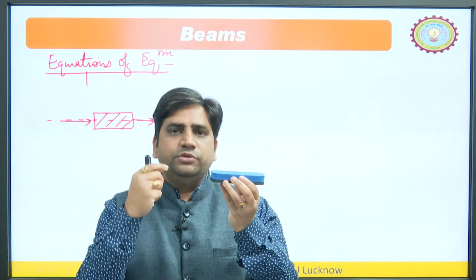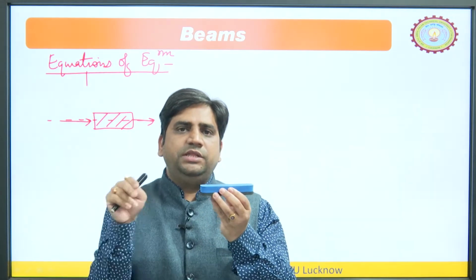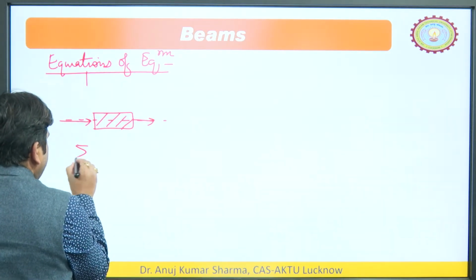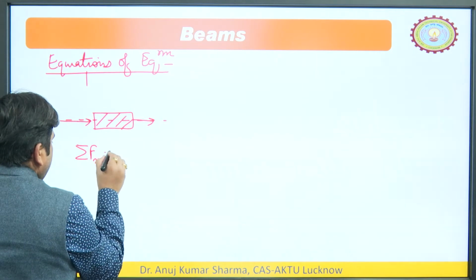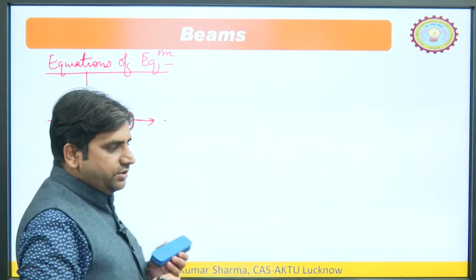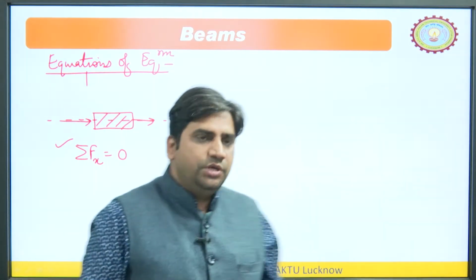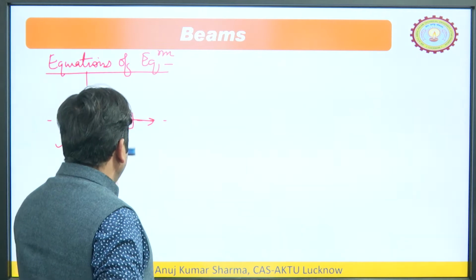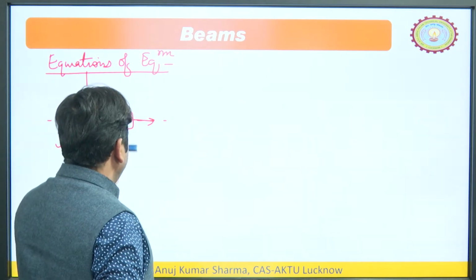If we want to restrict the motion of this body in the x direction, the net force in the x direction should be 0. It means the algebraic sum of all the forces in the x direction must be 0, then this body cannot move in this direction, but still it has a tendency to move in the vertical direction.